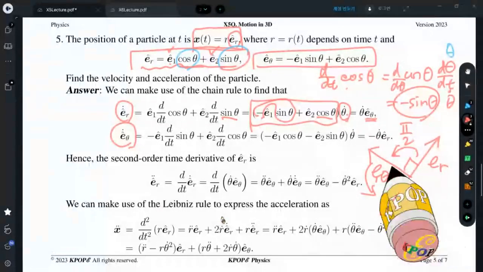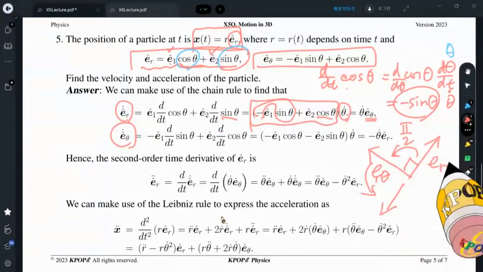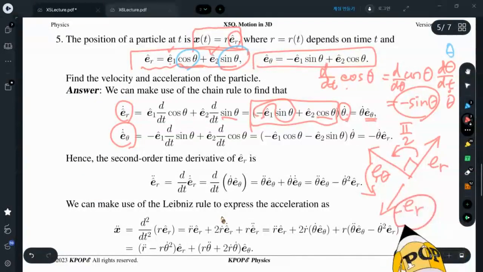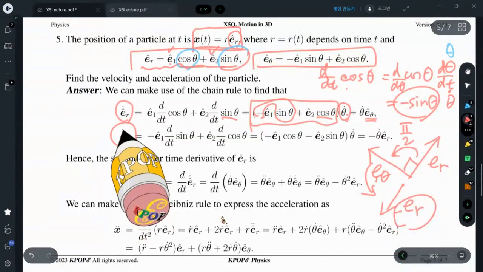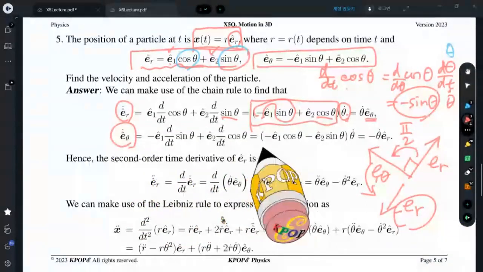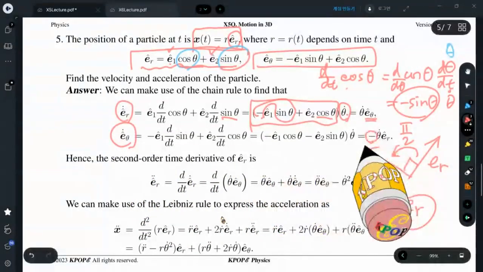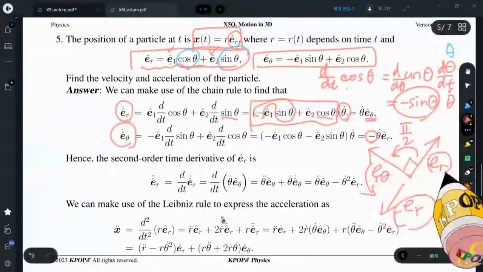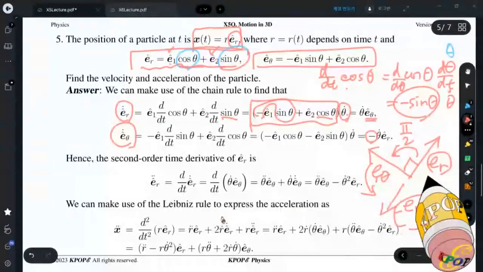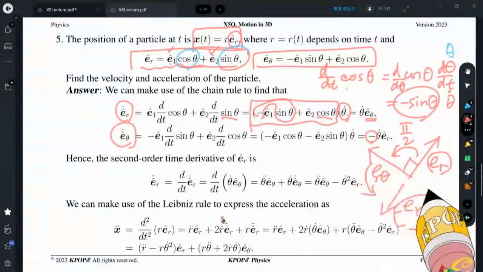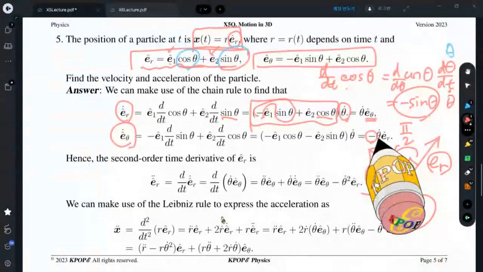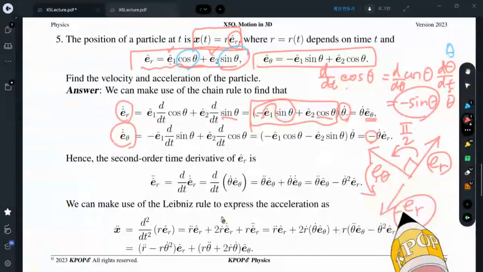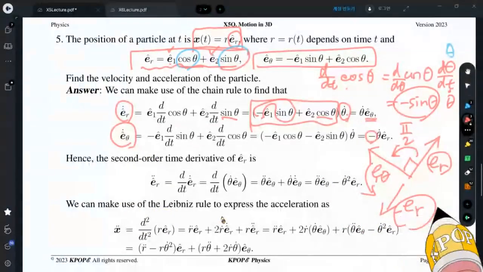Oh, what's that? This is opposite to the original unit radial vector, minus. Therefore, e_theta dot, eventually you find a negative sign on it, and theta dot. So e_theta's time derivative is minus theta dot e_r.